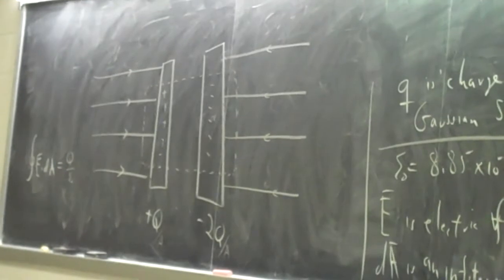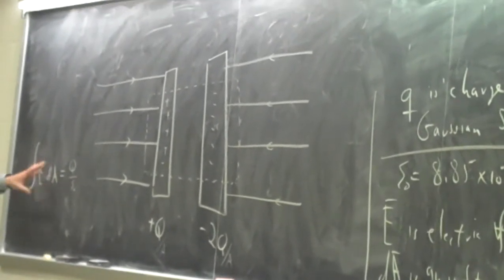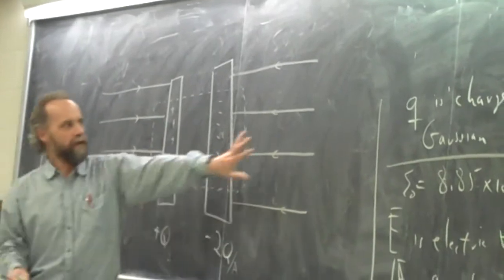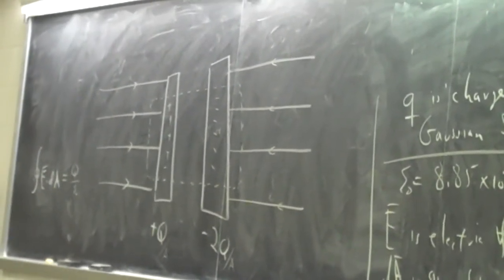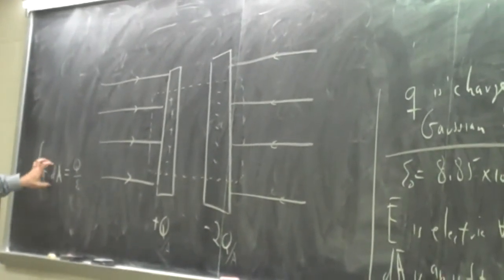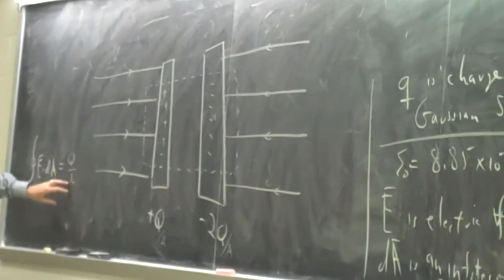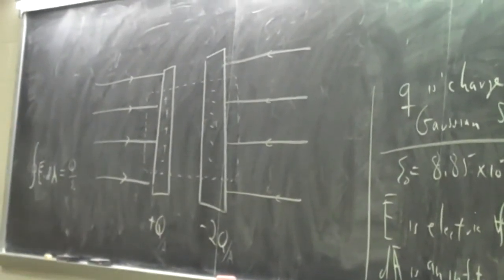Now, where did that come from? It came from integrating E dot dA over this side, and integrating E dot dA over that side. Those two fields are actually equal on both the left and the right side. So half of this Q over epsilon naught came from this plate, and half came from that side of the plate.